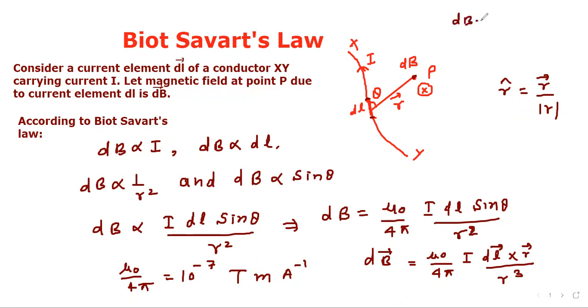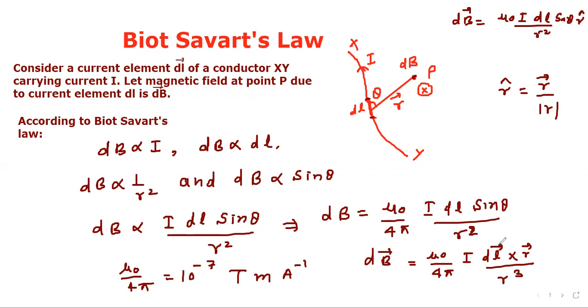Like it was dB equal to mu naught upon 4 pi I dl sine theta divided by R square times R cap if it is a vector. And R cap can be written as vector R divided by modulus R. Hence, this R square will become R cube. So that is shown here. So this is dB equal to mu naught upon 4 pi I dl cross R divided by R cube.